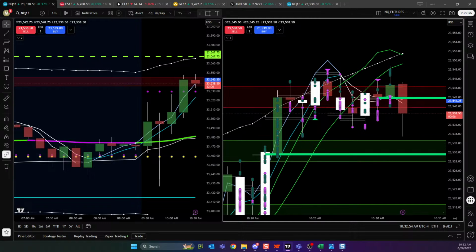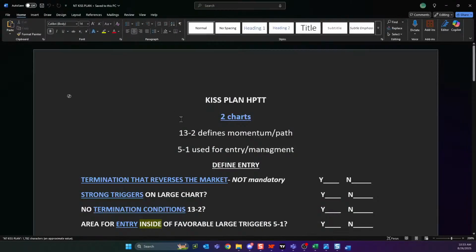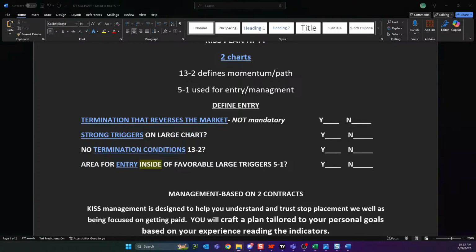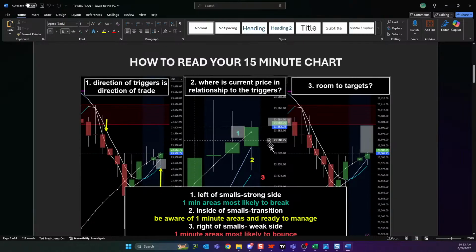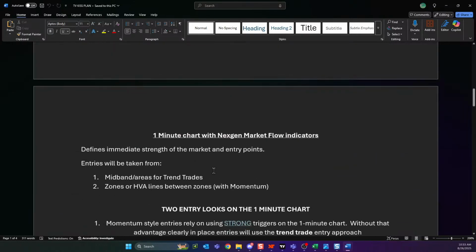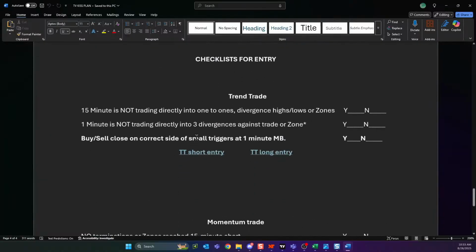And the only time I'm going to take an entry, and guys, I'm going to do this in a live account too because I believe in this plan, is if my large chart says look for an entry, then I'll go look for an entry, but I will have to follow a checklist. So I'm going to hold myself accountable to the checklist.